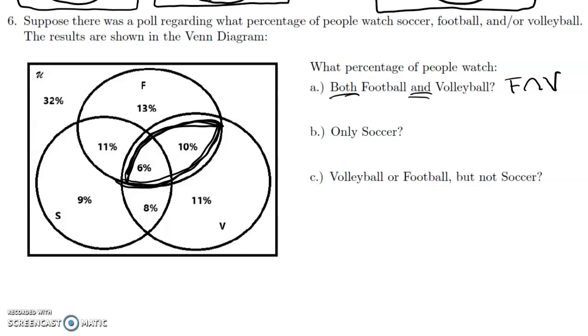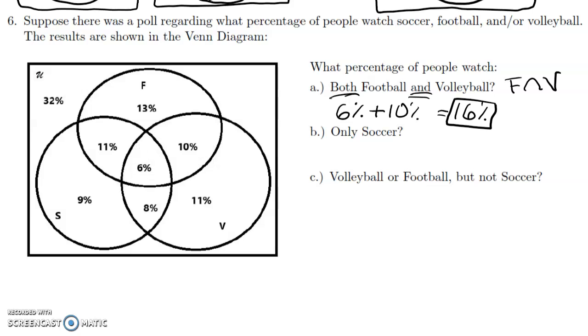So we're in this overlap region of those 2 circles, and notice there are 2 different pieces to this total region. So we add those 2 pieces together. We see that there are 6% in that region, and there's 10 more percent. So in total, 16% of people watch both football and volleyball.